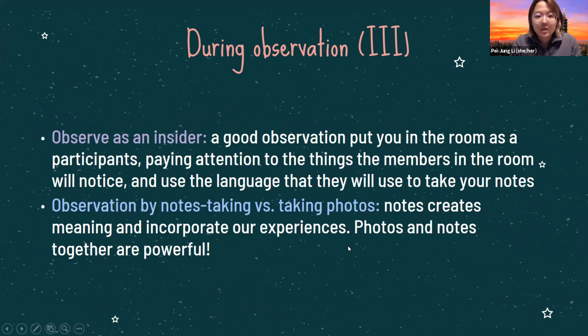And then during the observation, observe as an insider. Although much of the literature suggests that an outsider perspective, which some people would say is neutral and not engaged, may help you to notice more, we always want to emphasize that as an insider, you may also notice a lot of things in a very meaningful way.